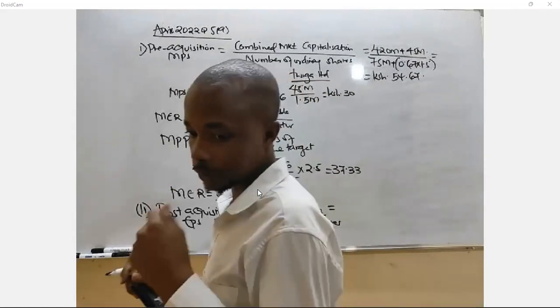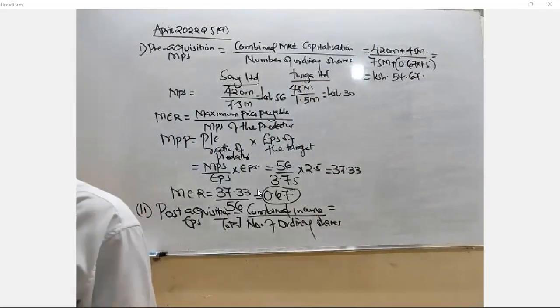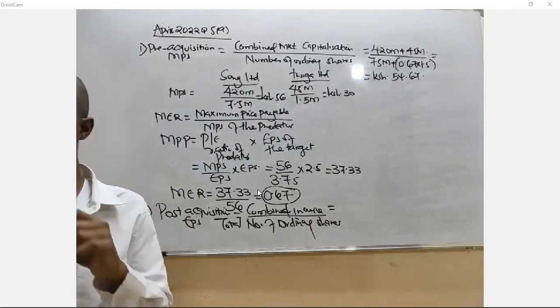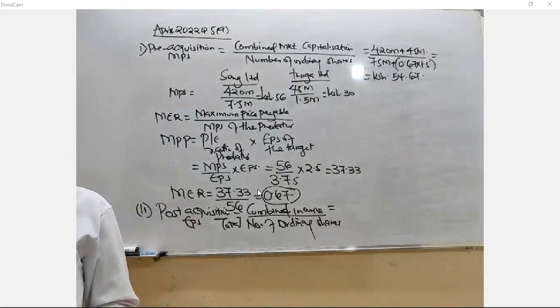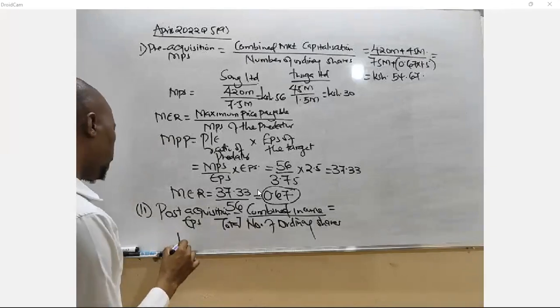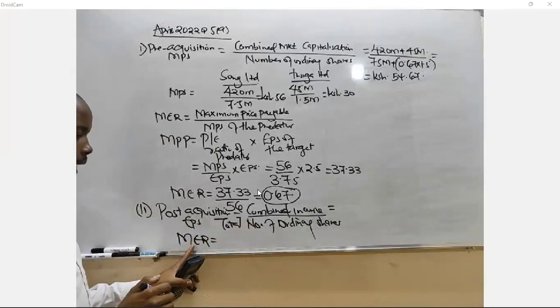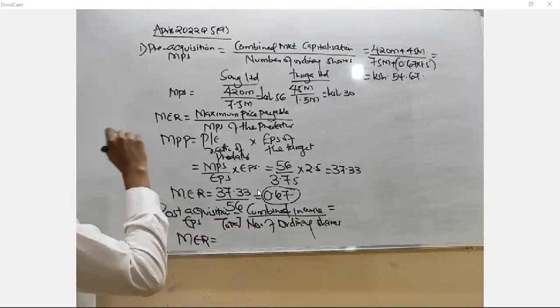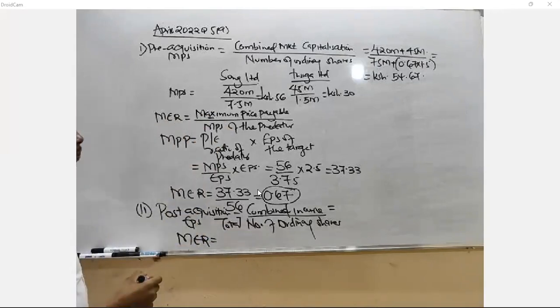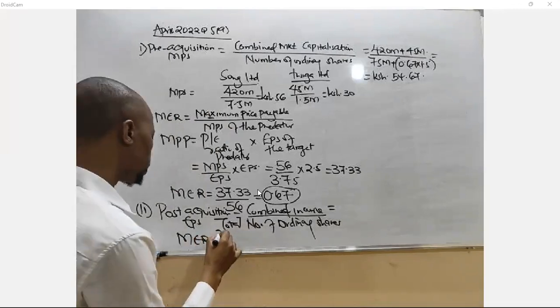Now, when you get to note number two, we have been told the post-acquisition earning per share if Twiga Limited shareholders are offered a share price of 30 on a share for share exchange. So you have to calculate your maximum exit ratio, because we have a new maximum price payable, which is 30.